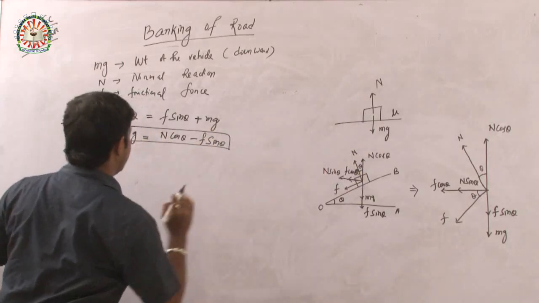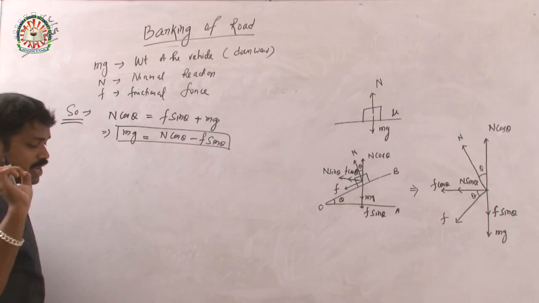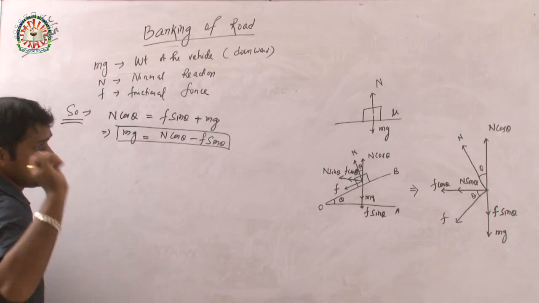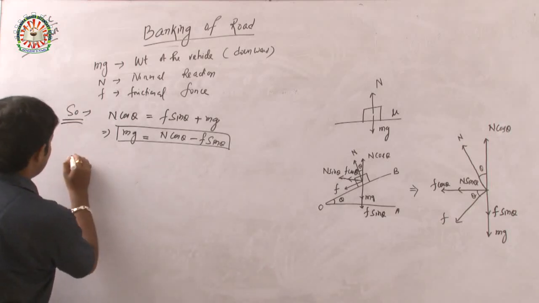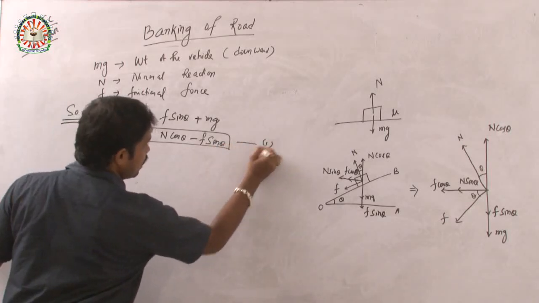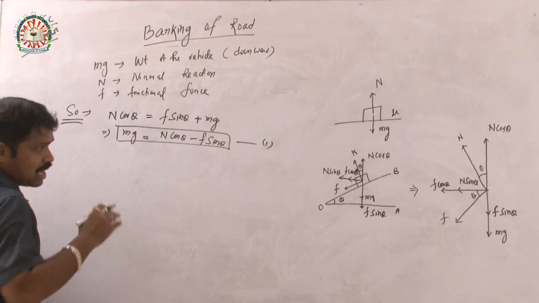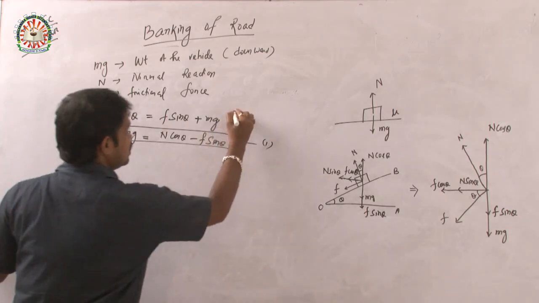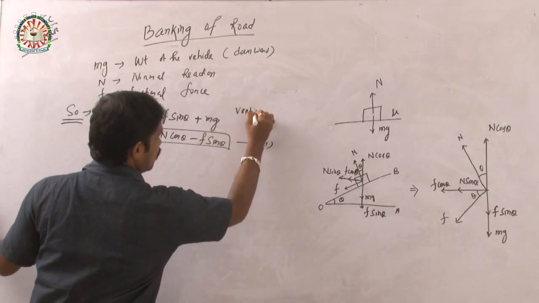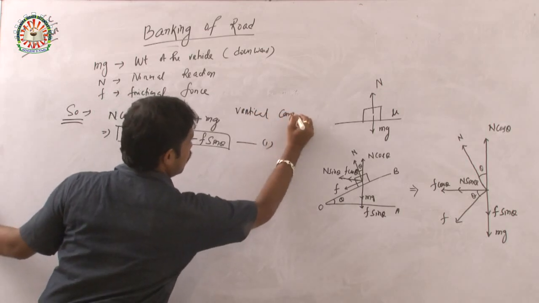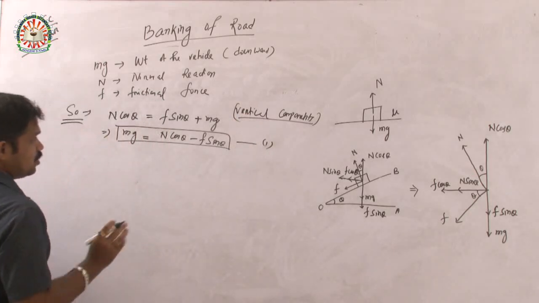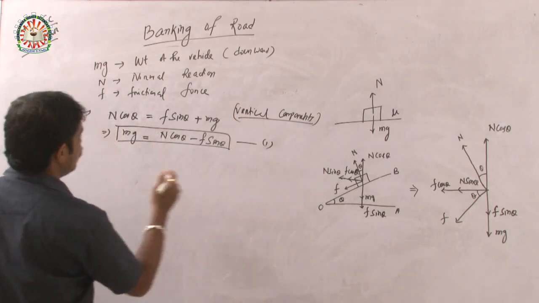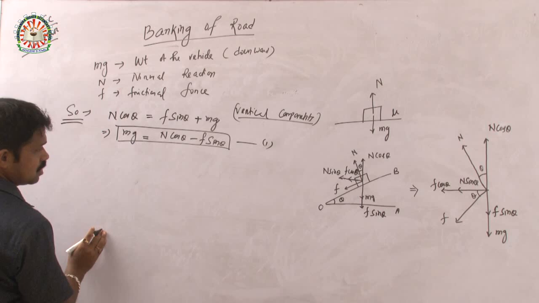Now come to the horizontal component. What I have told you, the horizontal component is balanced by the necessary centripetal force. This is equation 1, from the vertical components.